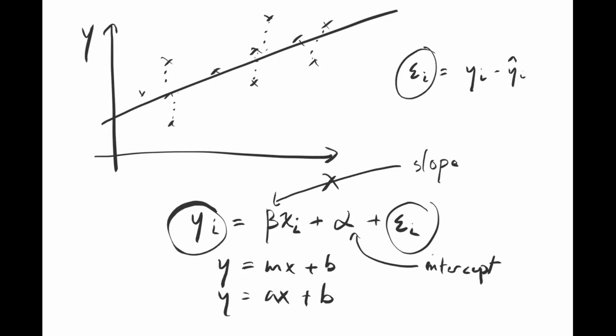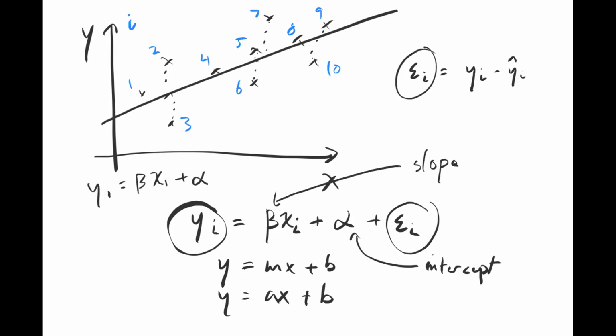So yi, so i refers to an index for every point, okay? So actually I'll do it in a different color so that we can be exactly clear what this is. So if this is 1, 2, 3, 4, 5, 6, 7, 8, 9, 10, something like that, I can look at my value of y1, which is equal to my beta x1 plus alpha.